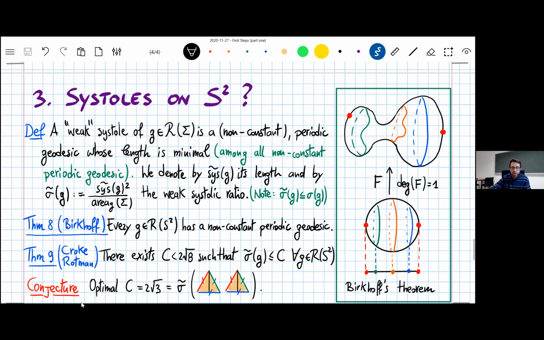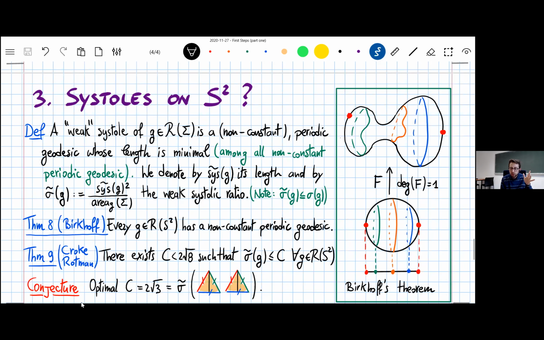But now we have a chance to ask if on S2 this weak systolic ratio has a bound or not. And as in Hadamard's theorem, the first thing to do is to be sure that there exists at least one object, at least one periodic geodesic. And this is given by Birkhoff's theorem. Now we cannot minimize the length of loops anymore because we would just shrink to a constant loop.